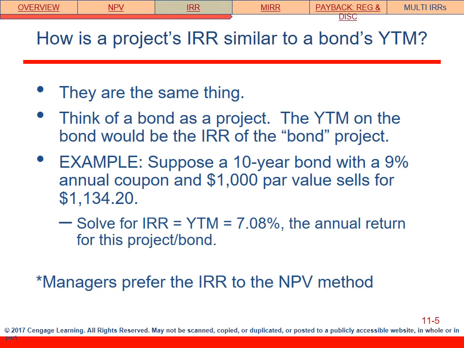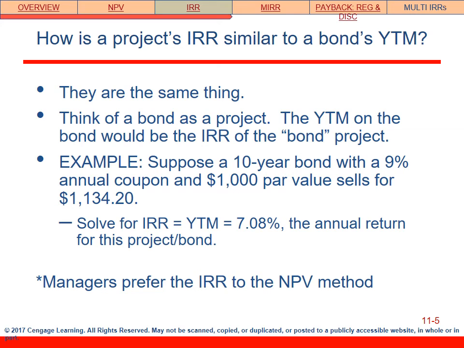Now this is interesting to note in that managers seem to prefer internal rate of return to the net present value method when making capital budgeting decisions. Of the four methods we looked at, payback period and discounted payback period, we know that they're easy to apply, but they're fraught with all sorts of difficulties.